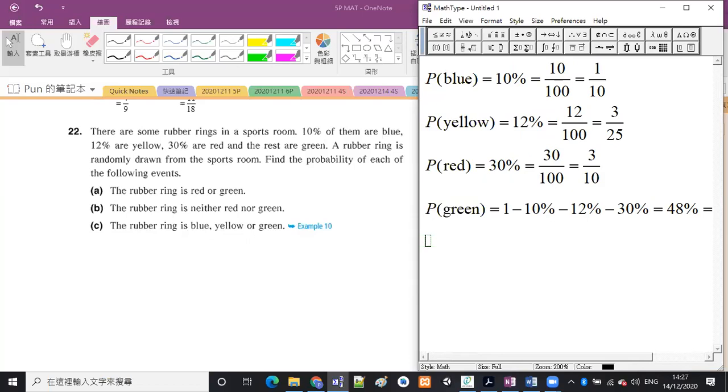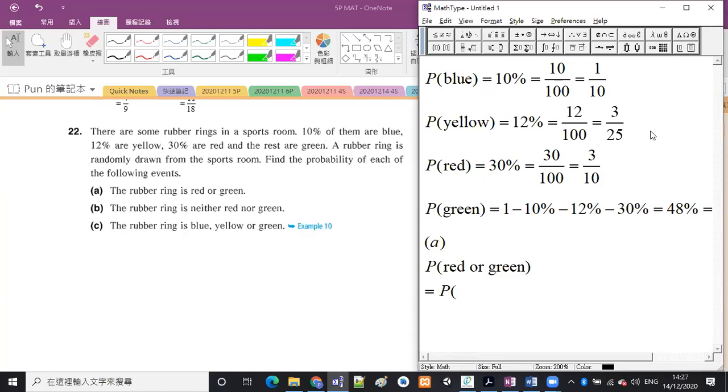Okay, because we need to know the percentage or the probability of each of them first, and then we are going to calculate some combinations of them. For example, in part A, the question asks us to find the probability that the rubber ring is red or green. So it is P, A, or B format.